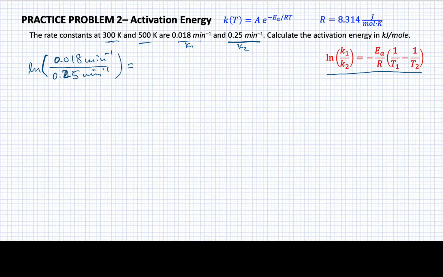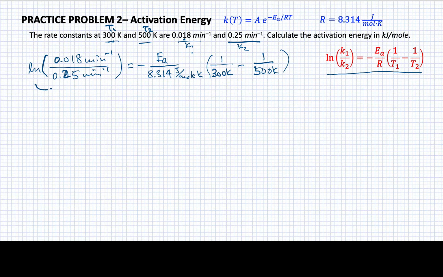And that's going to be equal to negative of the activation energy, which is the quantity that we want to calculate, divided by R, 8.314 in joules per mole Kelvin, and then two temperatures. Now here we want to be sure 300 K is associated with this value of K, so this is T1 and this is T2. So I'll have 1 over 300 K minus 1 over 500 K.